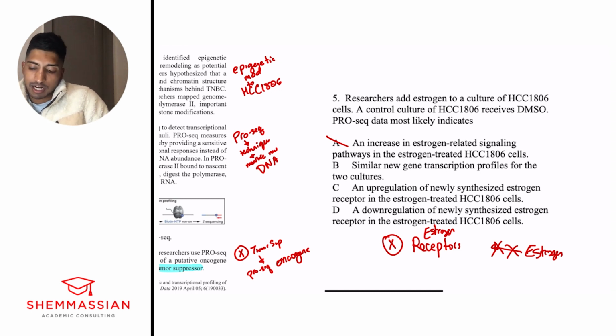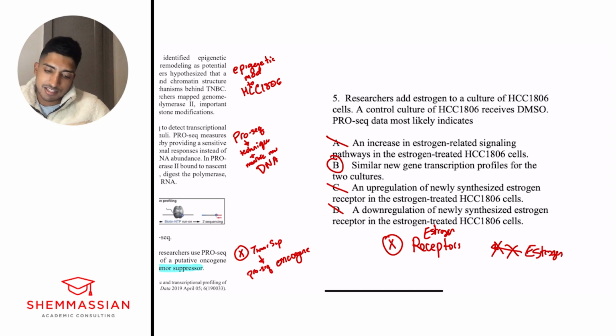C, an upregulation of newly synthesized estrogen receptor, cross that out. D, a downregulation of newly synthesized estrogen receptor, we can eliminate that, right? The whole point is these cells don't have receptors, so they're not going to react to any increase or decrease in estrogen. So we can eliminate A, C, and D, and we're left with B.